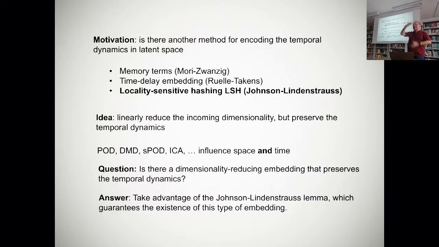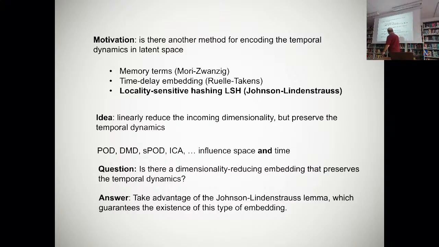Can I compress it without messing up the relative relation between all snapshots to themselves? POD doesn't do that. POD messes it up, DMD messes it up, SPOD, all these things, they all influence space and time. They compress space, but they sacrifice time.